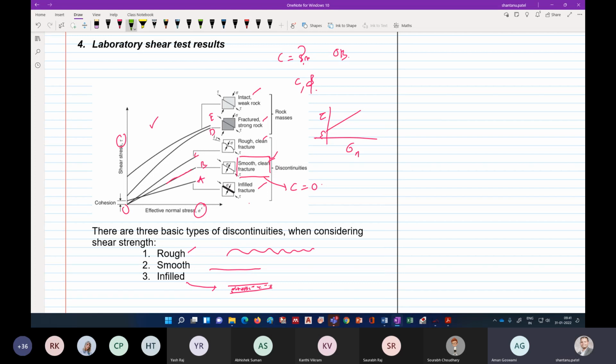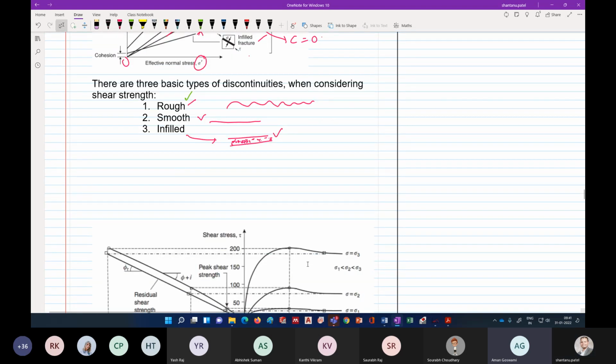There are three types of joints, right? And as I said, this filling type of joint gives you some cohesion, but the smooth and this rock clean joint have almost zero cohesive strength, or zero cohesion. Is this clear?